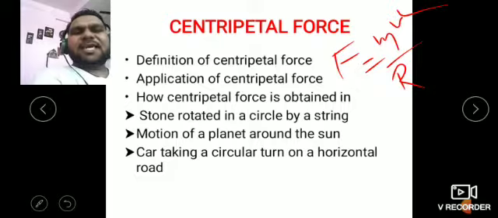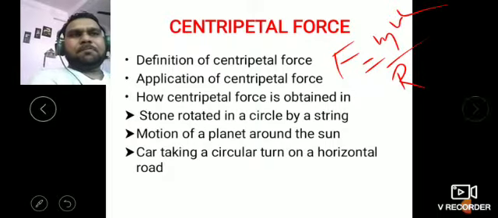In this case, we will get the centripetal force from the force of friction between the tires of the car and the road, which will provide sufficient centripetal force for the car taking the circular turn on a horizontal road.